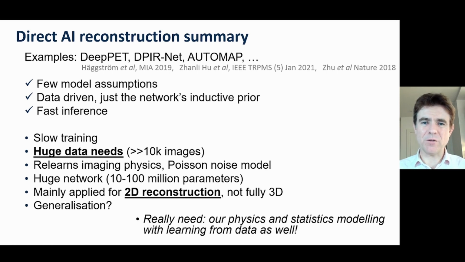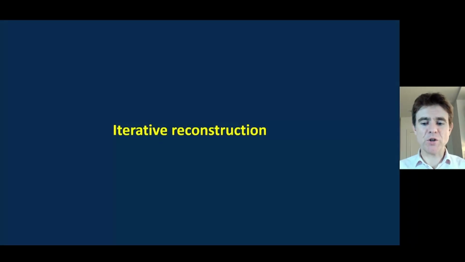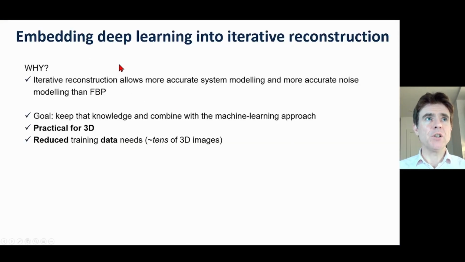So what we really need then are 3D capable reconstructions that use our physics and also make use of that learning paradigm as well. So that's where we'll go on to iterative reconstruction. And what we'll be doing here is embedding deep learning into iterative reconstruction. Well, why do that? Well, iterative reconstruction is well known as better than filtered back projection because it allows better modeling of the physics, the accurate system model, and more accurate noise modeling.